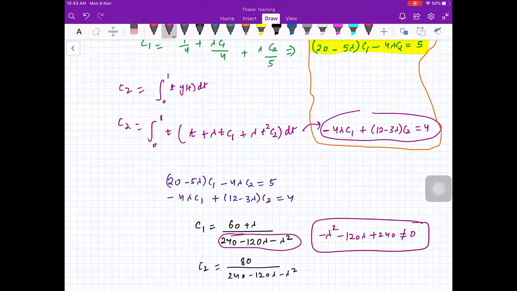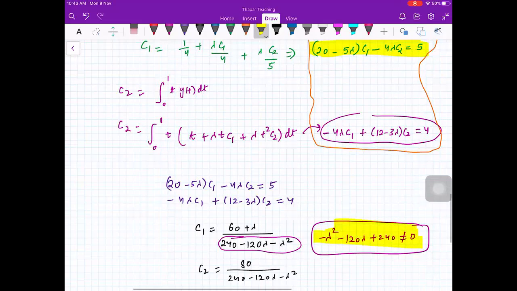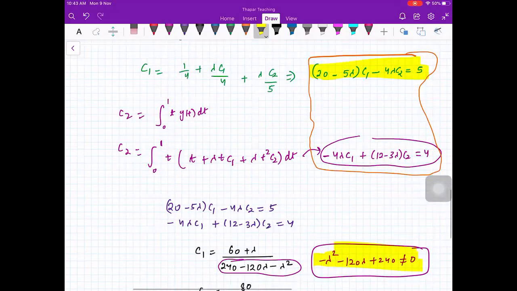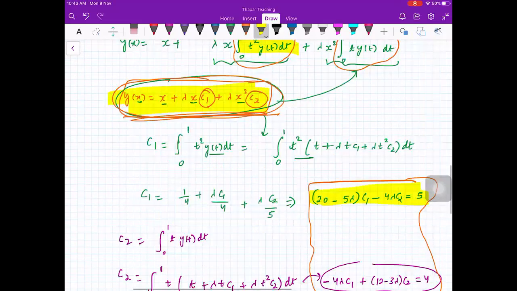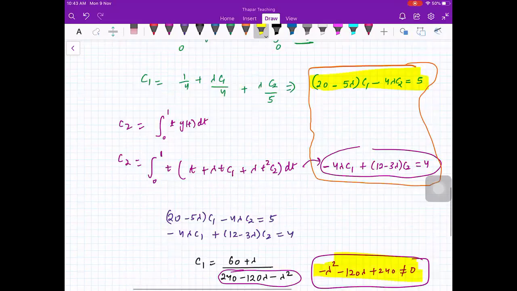So all those values of lambda for which this is non-zero are the eigenvalues. Is that okay? Do you remember in the exam or in the competitive exam, you may have a question that the eigenvalues of this equation satisfy this equation? Got it? Because what is eigenvalue?